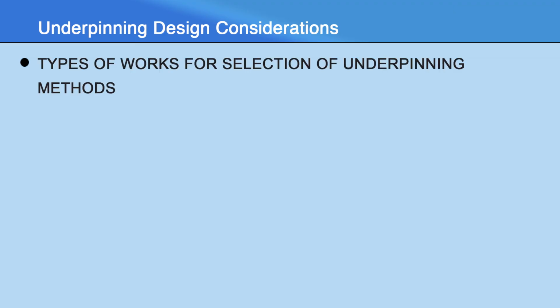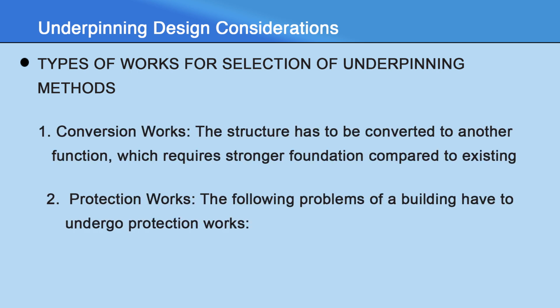Types of works for a selection of underpinning methods: conversion works, protecting works, and another is miscellaneous works. So, first is conversion works. The structure has to be converted to another function which requires a stronger foundation compared to existing. Protection works, the following problem of a building have to undergo protection works.